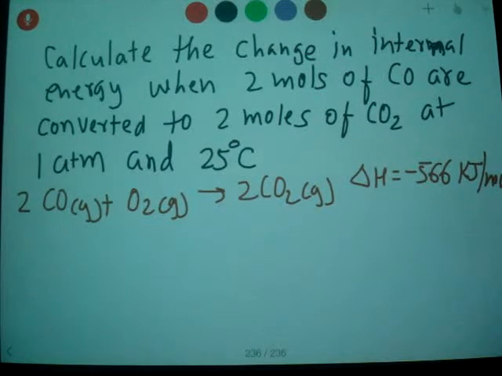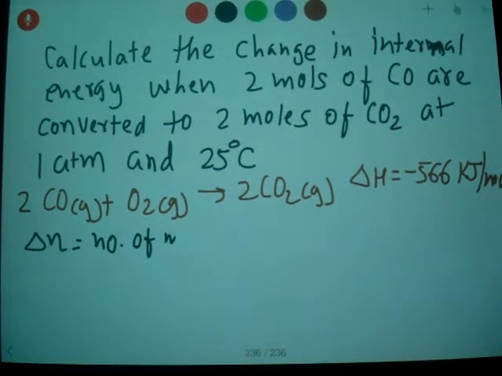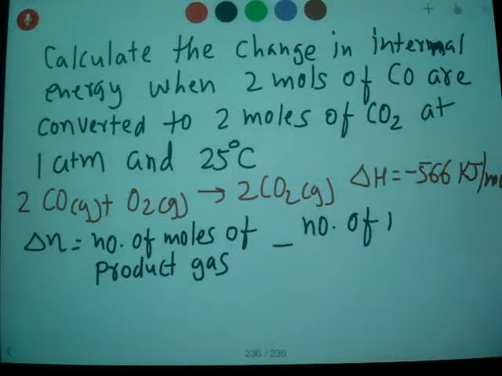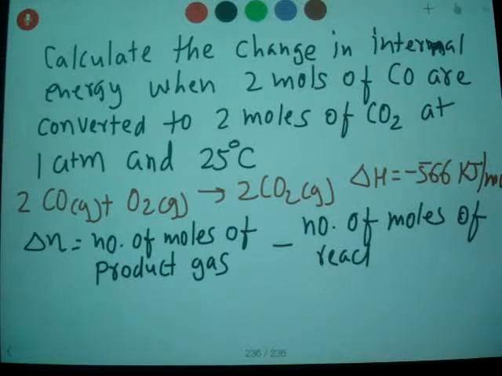Alright. So now, when we calculate delta N, meaning the number of moles of product gas minus the number of moles of reactant gas, you have 2 moles and that's total 3 moles.